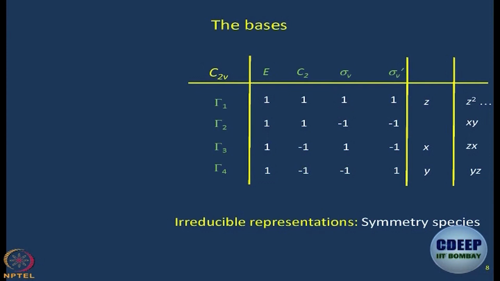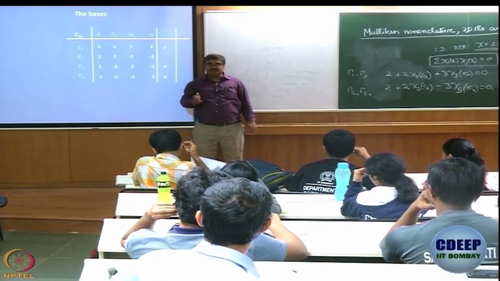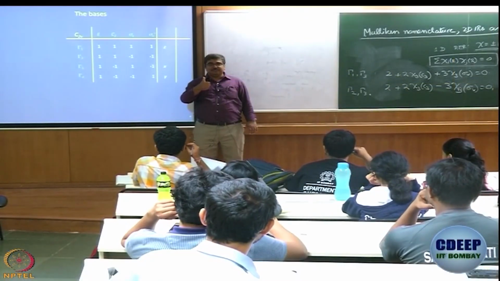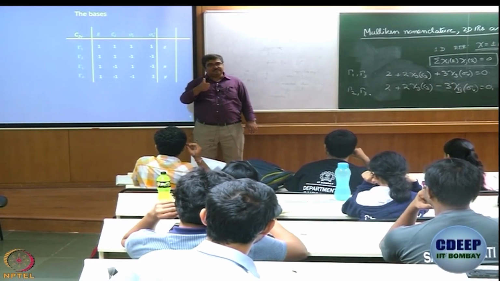Now, let us talk about x square, y square, z square. Where will they belong? Out of these 4 symmetry species, 4 irreducible representations, where does z square belong? If I use z square as the basis and apply C2, do I get z square or minus z square?